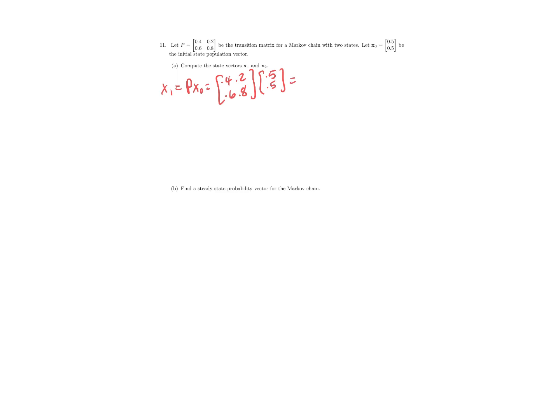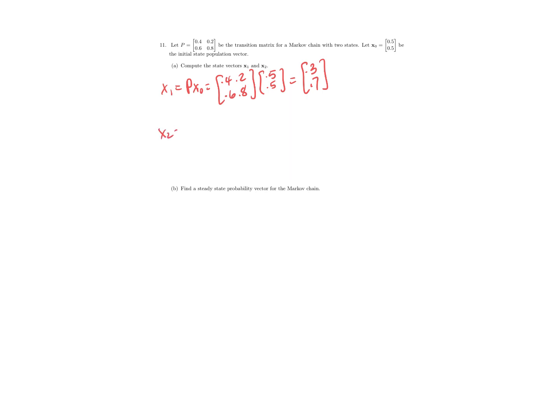Okay, I'll do 0.4 times 0.5 plus 0.2 times 0.5, and that gives me 0.3 on top, and then 0.6 times 0.5 plus 0.8 times 0.5 gives me 0.7. Not surprising, those should add up to 1.